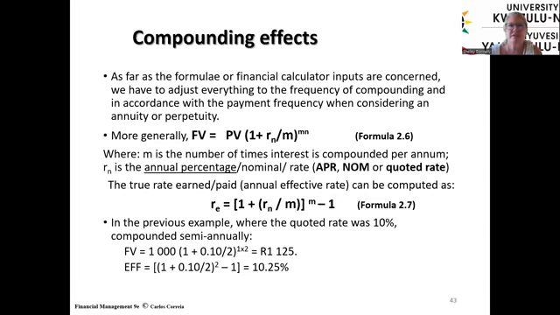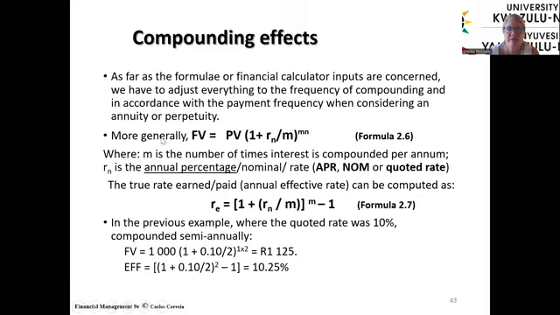Now, as far as our formulae or our financial calculator inputs are concerned, we've got to adjust everything to the frequency of compounding and also in accordance with the payment frequency. I've spoken about that golden rule before when we're considering an annuity or a perpetuity.